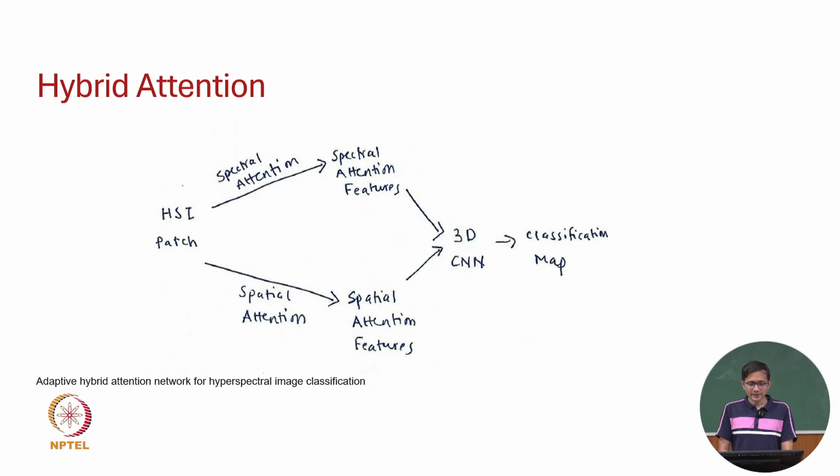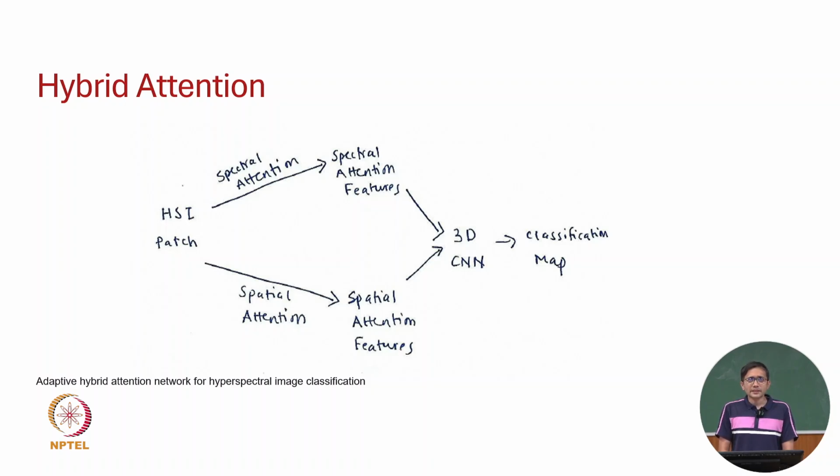This gives us the spectral attention features and the spatial attention features, which we can now process, let's say, using a 3D CNN branch to obtain the final classification map.